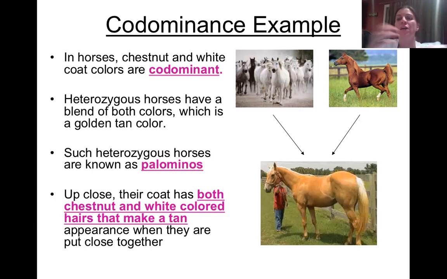So although people think that this is a form of mixing, it's not. In the example with incomplete dominance, it wasn't a red and a white really close to each other like pigment. It was an actual mixing that caused the pink. Whereas with this one, if you look very closely, you'll see some of the hair is that dark brown color, while some of the hair is a white color, which causes this lighter shade.